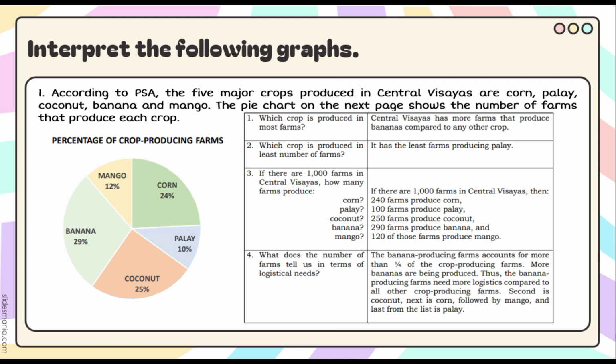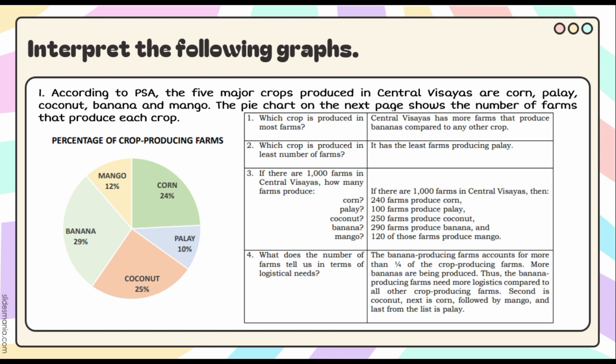Number 3: if there are 1,000 farms in Central Visayas, how many farms produce each crop? For corn, 240 farms produce corn. How to solve? Why is it 240?